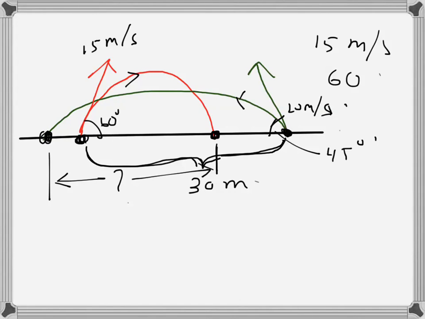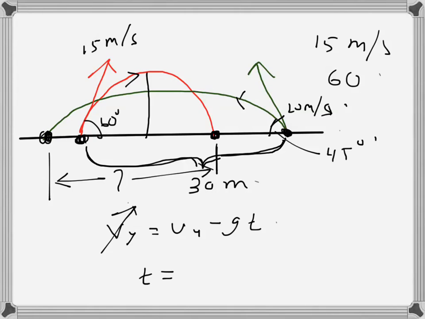So we can do one by one. First we can do the red one. We know that Vy is equal to Uy minus gt. I am trying to figure out when it reaches the maximum height, that is when the vertical velocity is 0.